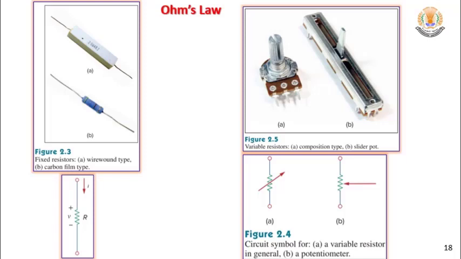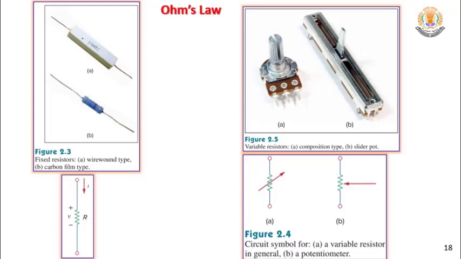And it can be this shape, wire wound type, or this one, carbon film type. Okay? Again, what is the difference? One big and one small. Small means it can withstand low current. Big, high current. High current means high power. Clear? So we have fixed resistors.